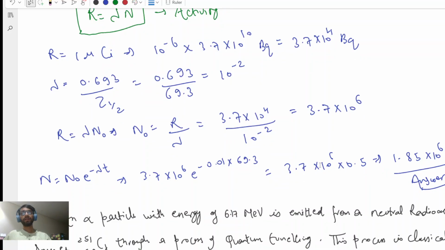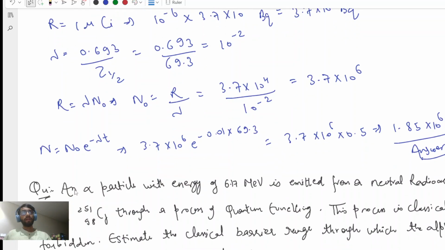Okay, let's come to the third question. An alpha particle with energy of 6.17 mega electron volt is emitted from a neutral radioactive source, which is californium, through a process of quantum tunneling. This process is classically forbidden.